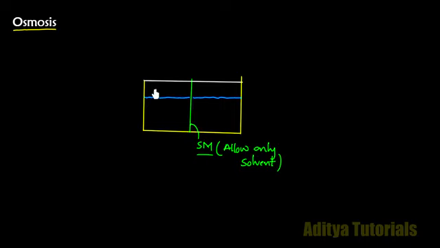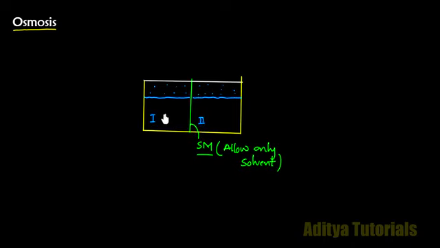Therefore there is an equal number of vapor molecules, and they are producing an equal amount of vapor pressure. Say this is compartment number 1 and this is 2. In both compartments the vapor pressure is the same.